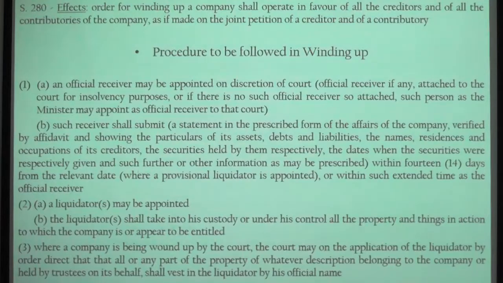Now, subsequent to all these things, the effects of such winding up are mentioned in section 280, where it says that the order for winding up of a company shall operate in favor of all creditors and of all contributories to the company, and if made on the joint petition of a creditor and of a contributory, then the winding up would operate in favor of such parties jointly petitioning.